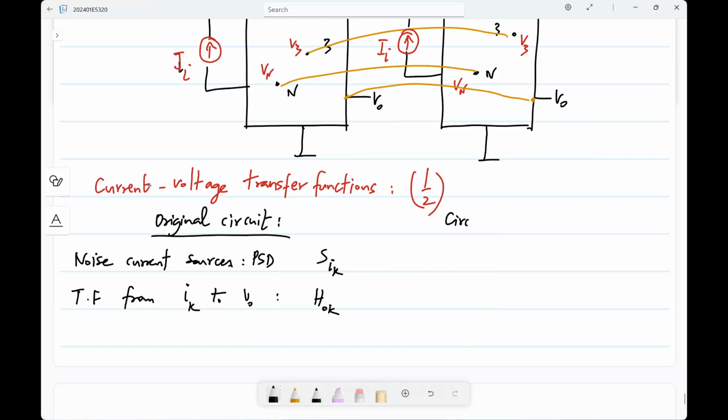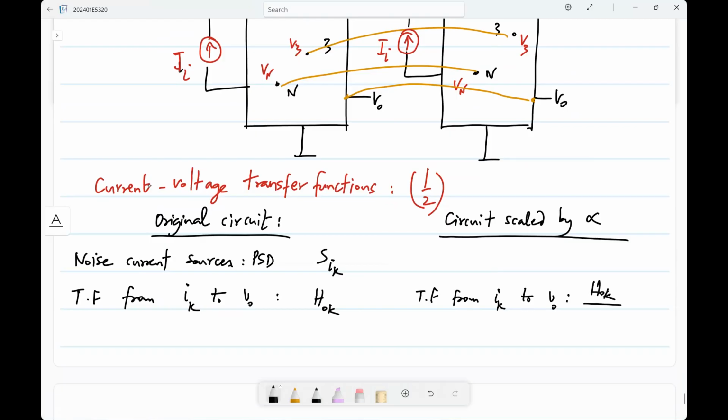And if you have a circuit scaled by alpha, what is the transfer function from IK to VO? What did we say? HOK by alpha.